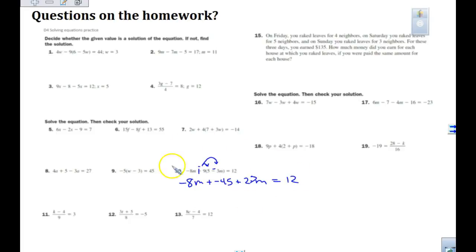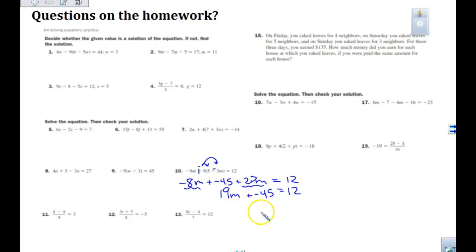So I am now looking at my like terms, and I have 27m and negative 8m. So if I'm adding those two together, I'm going to end up with 19m. So I have 19m, and you can either write it as plus a negative 45, or I could leave it as a minus 45.